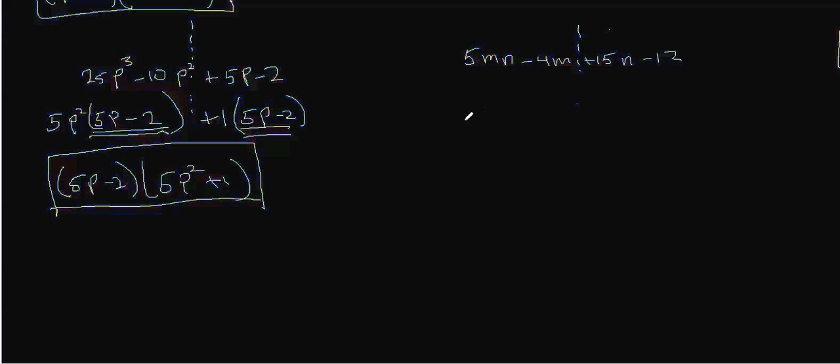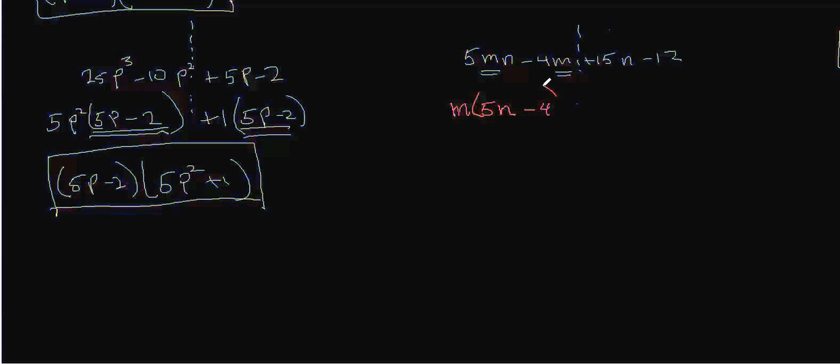Let's see. We have 5mn minus 4m plus 15n minus 12. Again, I look for the common factor. Here we're going to have an m in common. Let me change colors real quick just to illustrate what's left. So we take out the m, and we leave 5n minus 4.